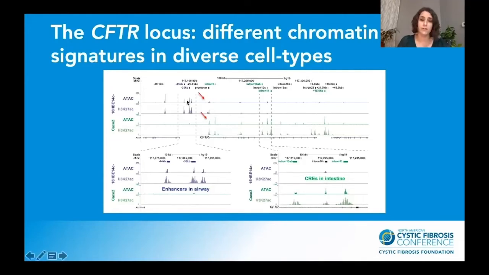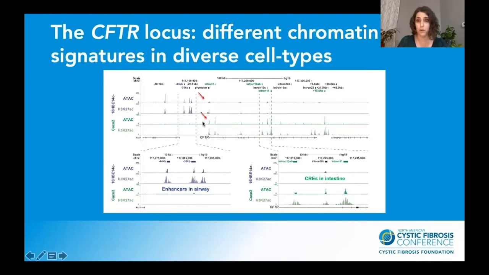I'm showing you these different profiles in both 16HBE cells here in blue, which is an airway epithelial cell line, and Caco-2 cells in green, which are a colon carcinoma cell line. Both these cell lines express CFTR.